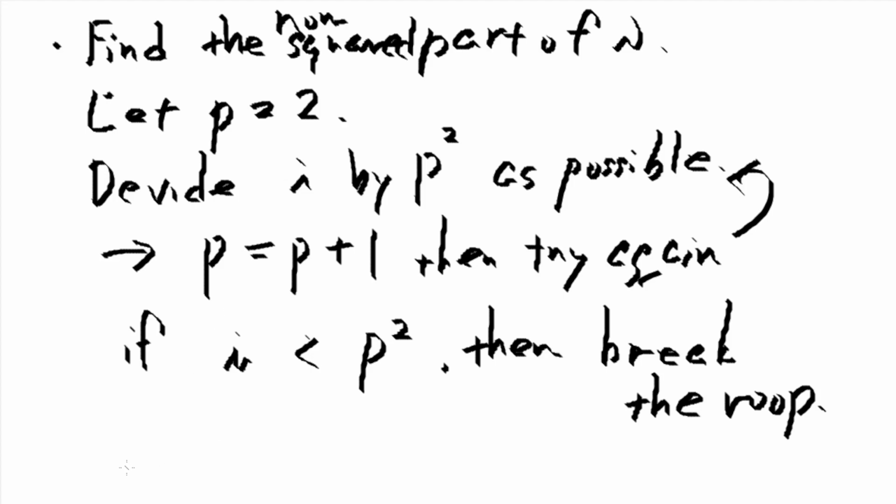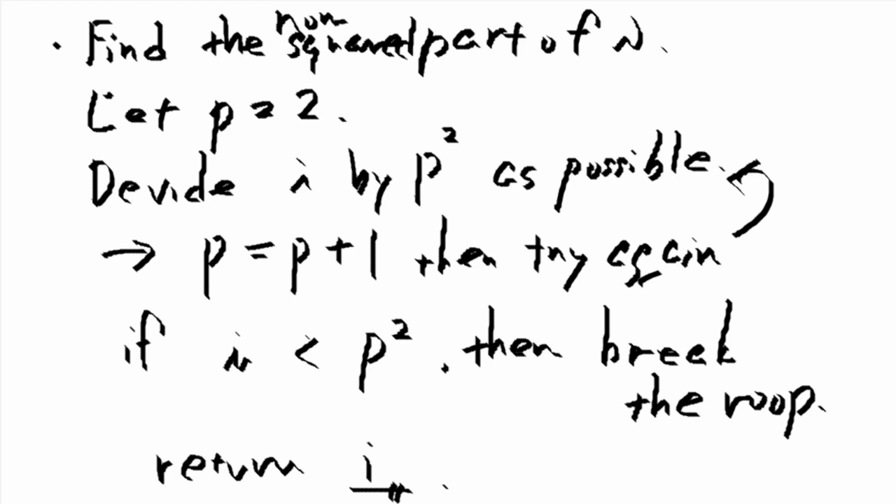And the i after the operation is the non-square part of i, so you should return i. This is a way of finding the non-square part of i.